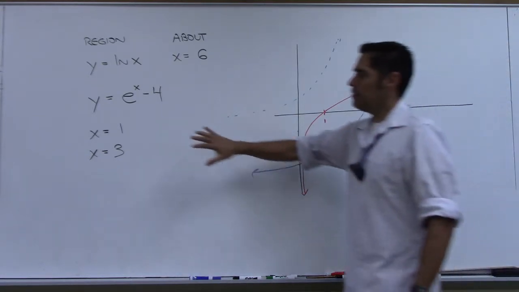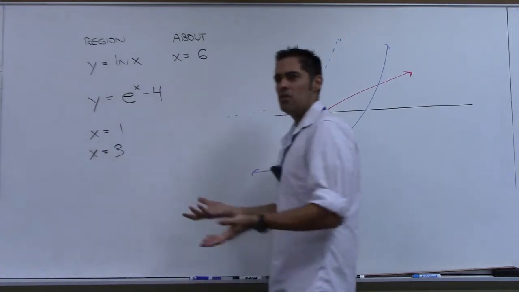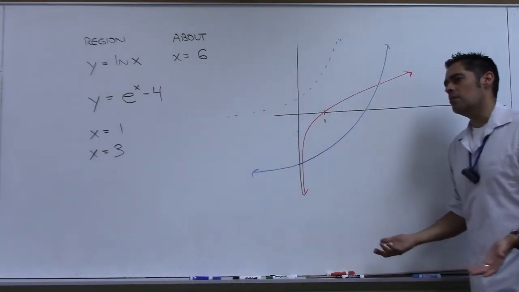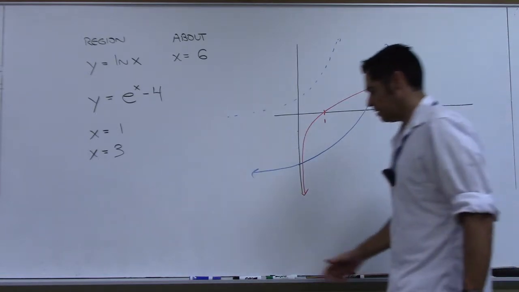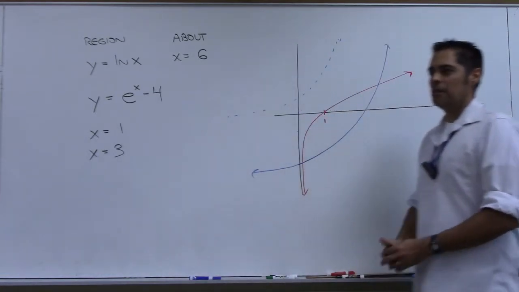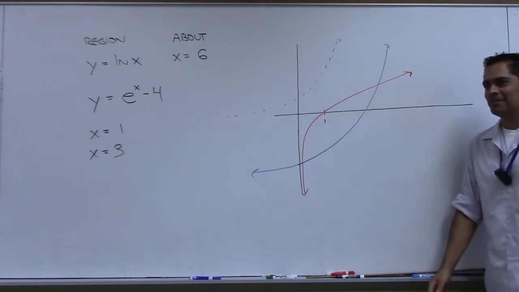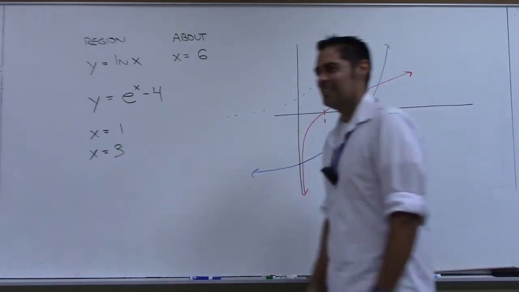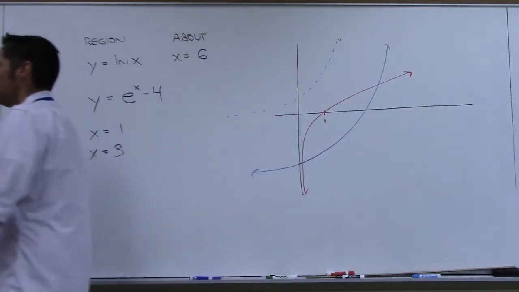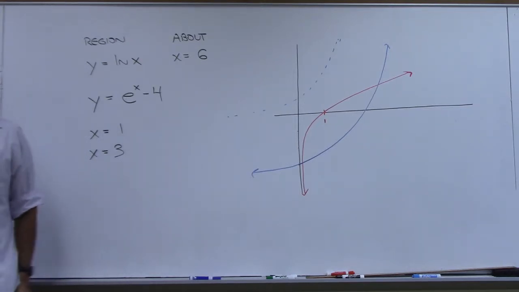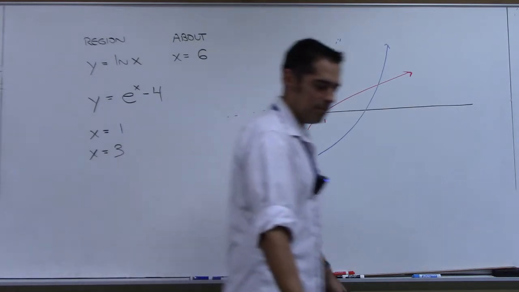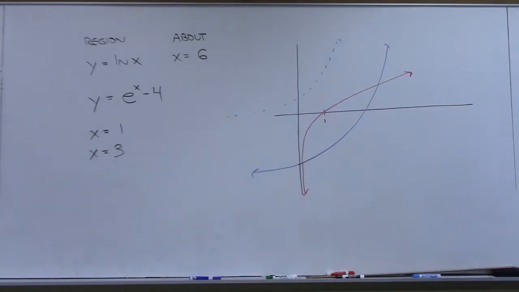If I didn't give you bounds and the functions never intersect, there is no region enclosed. So it would be a dumb question. It would be me asking a dumb question of you. It would just be nonsensical.